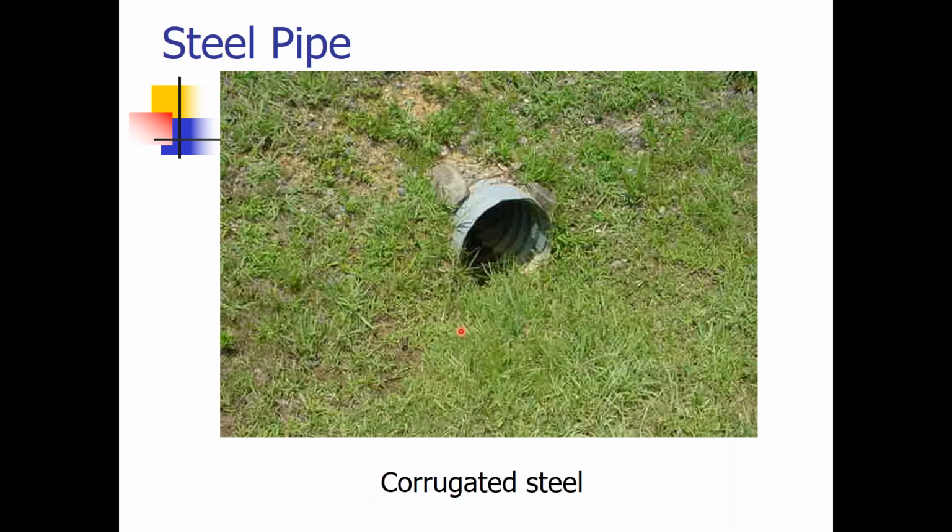We talk about steel pipe, in this case, corrugated steel. Notice that water will flow through it and out of it, but this is where we talked about scouring on our Tuesday webinar. And if you weren't on with it, that's fine, we'll catch you up. Scouring is when water, again, is going to flow at a high rate of speed and pressure and volume, and eventually starts wearing away that corrugated area.